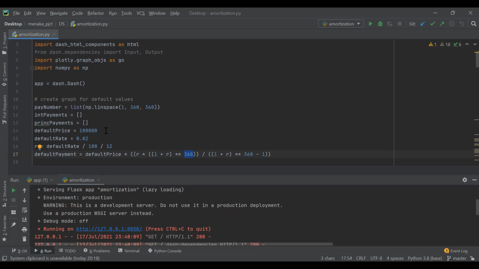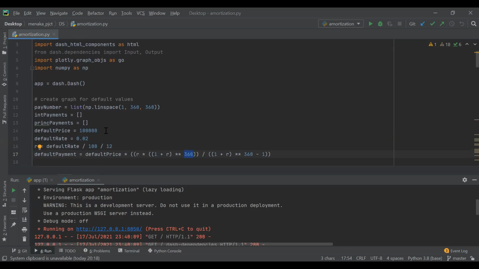In case we opt for a loan for a higher number of years, the EMI which we would be paying will be less because we are paying it for many years.